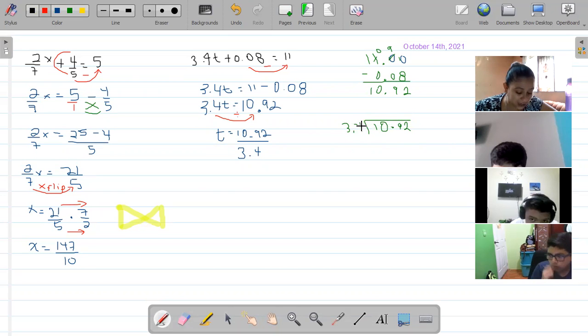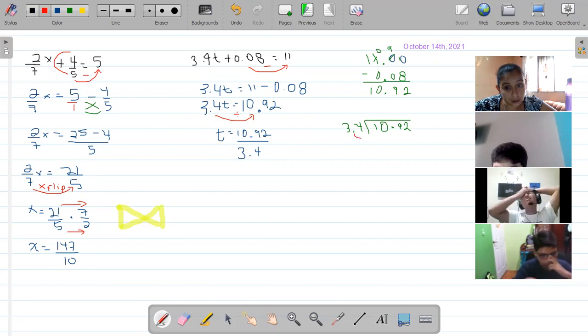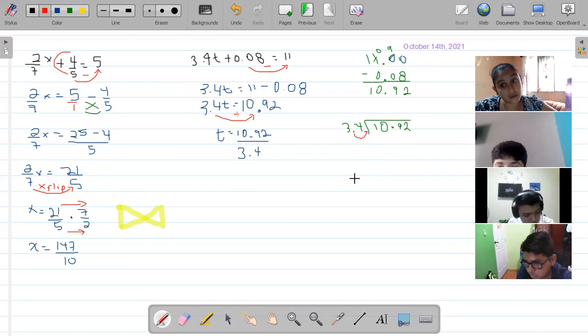I cannot have decimals on the outside, because I need to move it to the right as many times as possible until I get a whole number. So I'm going to move this 1 time. And as many times as I move the decimal point on the outside, I'm going to move it on the inside. Okay, so I moved it once as well.